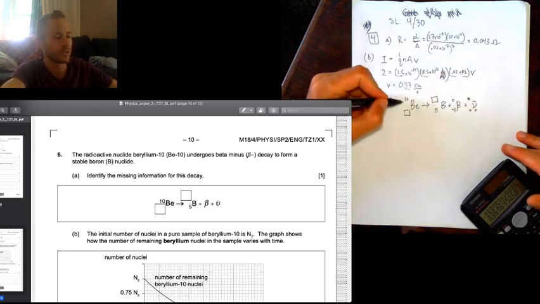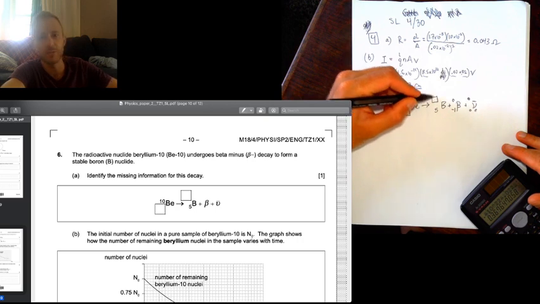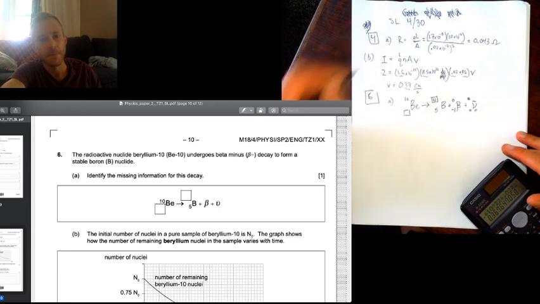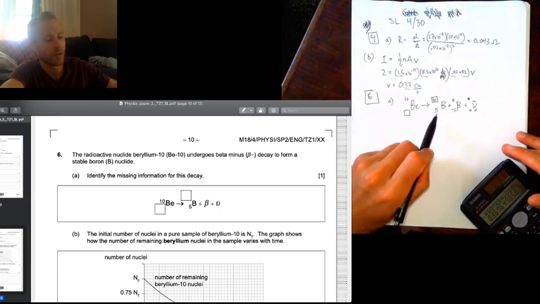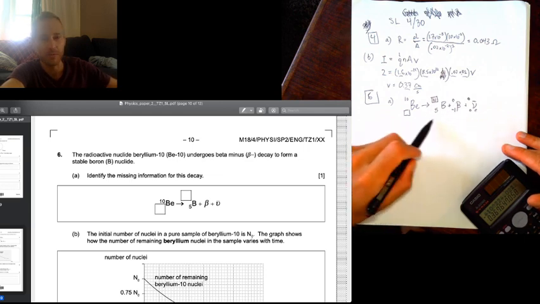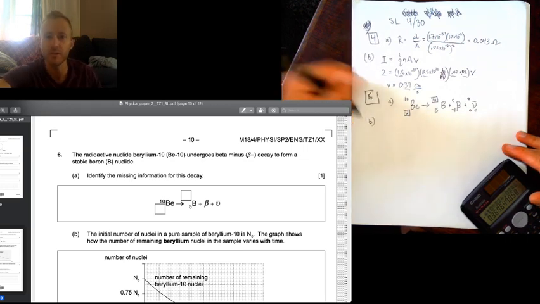So in the top row, we have 10 equals an unknown plus 0 plus 0. So the unknown has to be 10. And for the bottom row, we have 5 minus 1 plus 0 equals 4. So we have to have 4 on the other side. So that's part A, just balancing the nuclear reaction.